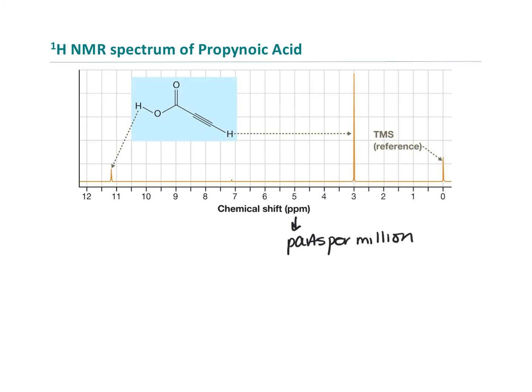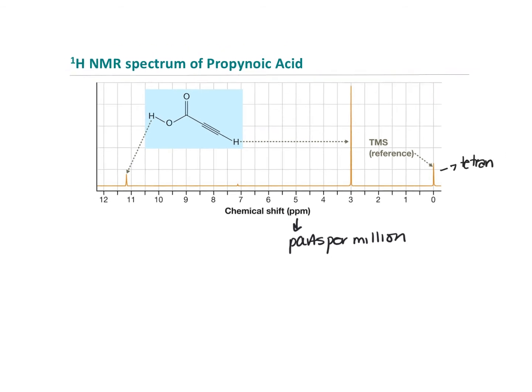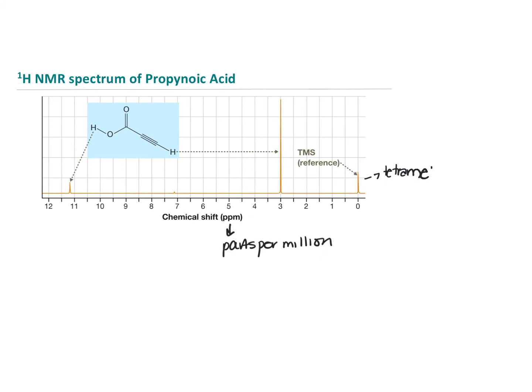And note this third signal that's at 0 ppm, that is tetramethylsilane, which is just added as a reference. People add that as a reference. It's always going to be lower than carbon. And so you set the instrument for that to be 0. And so that's how we're able to know where certain protons show up.